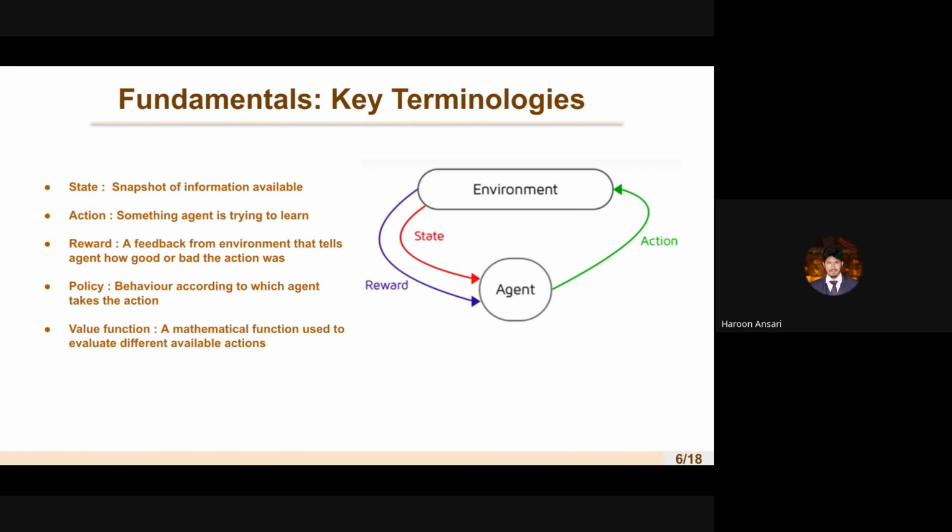It could be the value of a state itself, or it could be the value of a state-action pair. So let's say you observe the state, and in this state you want to know how good the action is. There's a value function that we try to learn for a given state and action, and it gives us a value that demonstrates how good that particular action is in this state.